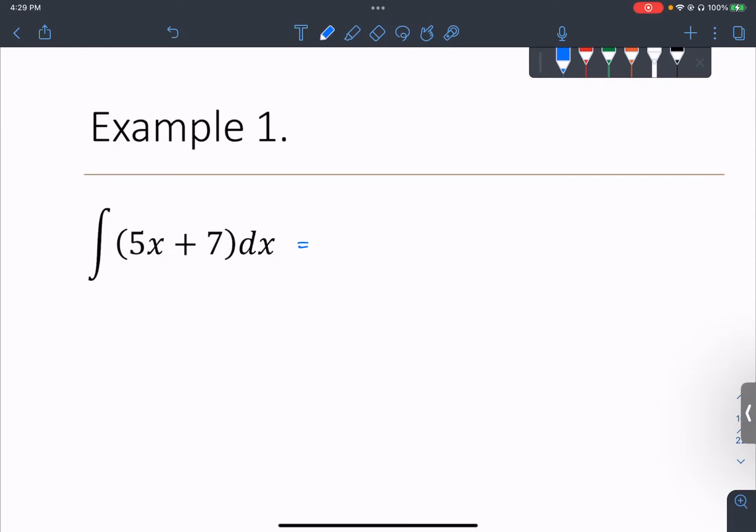Move out 5. Or ano muna pala, yung sum and difference muna. This one will become the integral of 5x dx plus the integral of 7 dx. So this one is the sum and difference rule.